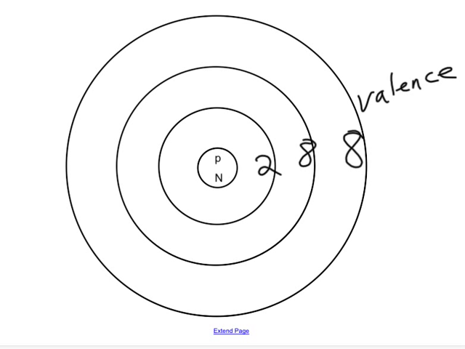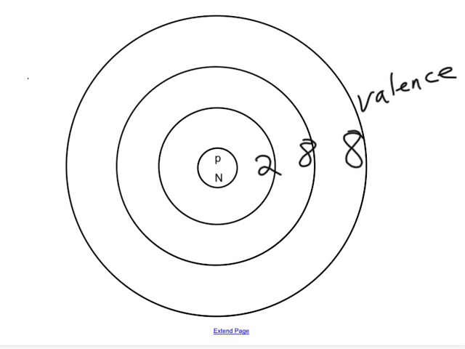We go to the rule of 8. What the Lewis dot structure is, you take the element, so which element has 18 protons? Remember, protons and electrons are going to be the same. You said argon, you are correct.